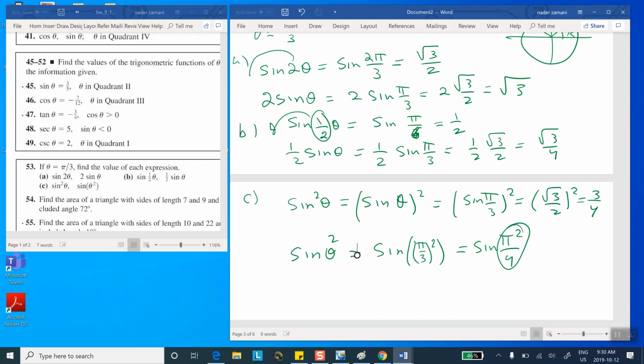a calculator, okay? Let me go ahead and do this with the calculator. It's a good idea to use the calculator every once in a while. So sine of pi squared over 9, it's not a 4, it's a 9, okay?